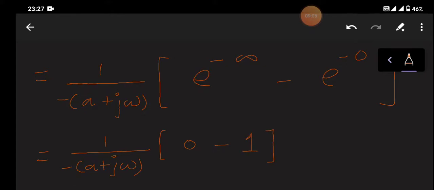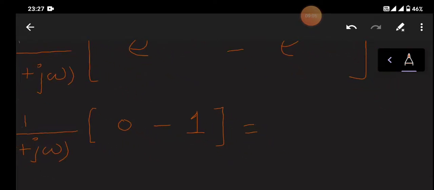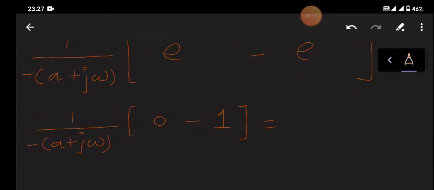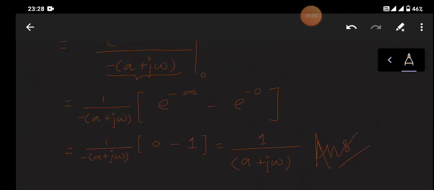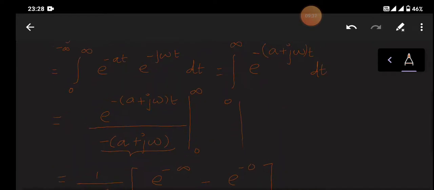So finally, the minus will cancel out, and our final answer will become 1 divided by (a plus j omega). So through this process we can calculate the Fourier transform.